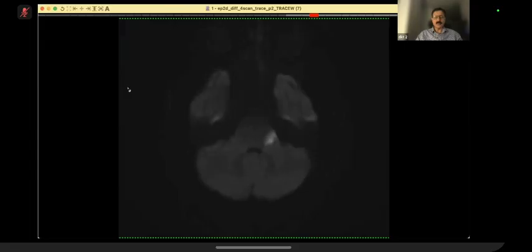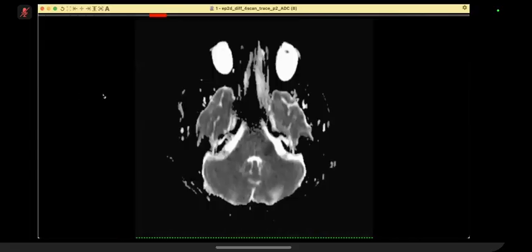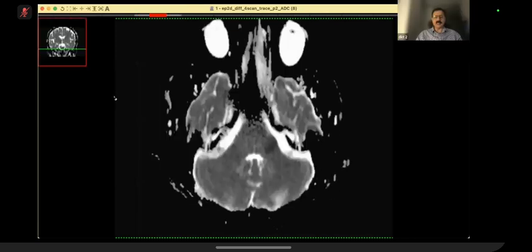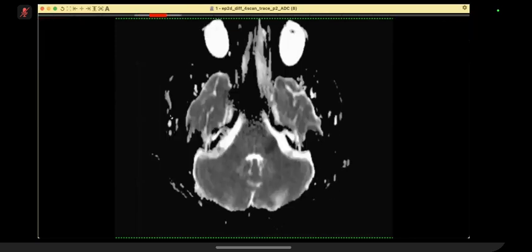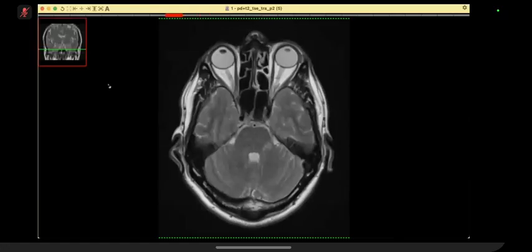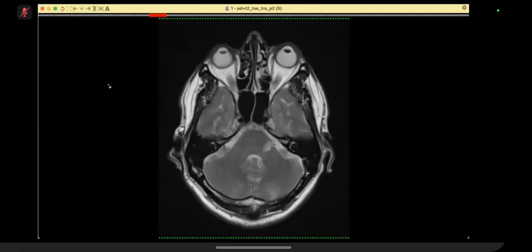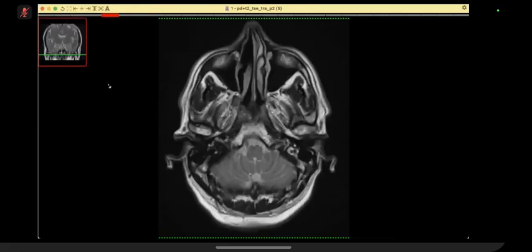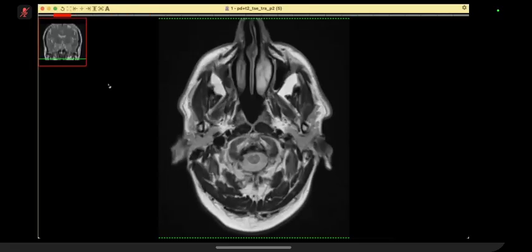Okay, so the diffusion, it is restricted. However, I will confirm that in ADC. So ADC is black. So it is restricted. So high signal in FLAIR and restricted diffusion. It is an intraaxial lesion. If it is extraaxial, I would be concerned about epidermoid.